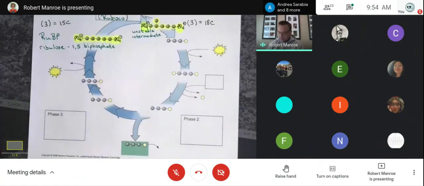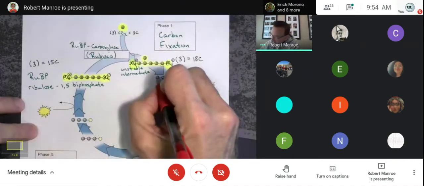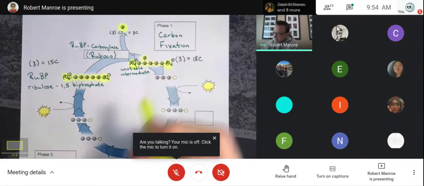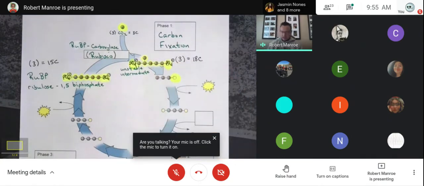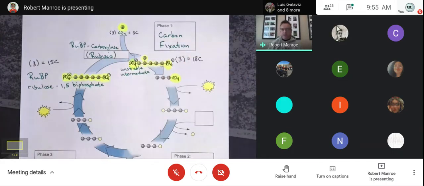Okay, so again, let's number these carbons: 1, 2, 3. And then, of course, each one has the phosphate on the end, like such, PO4.